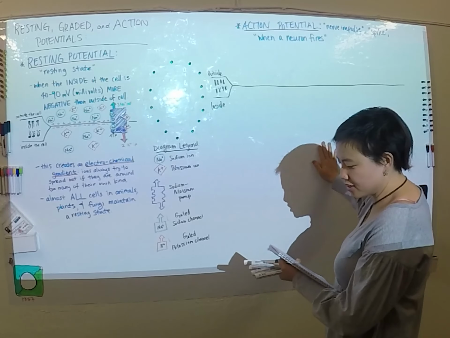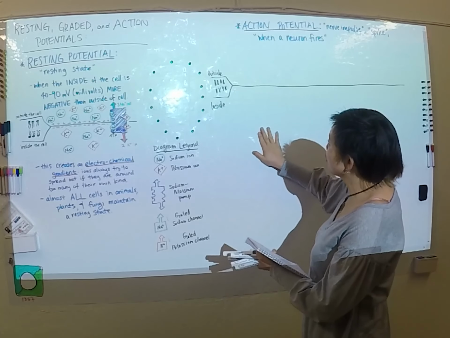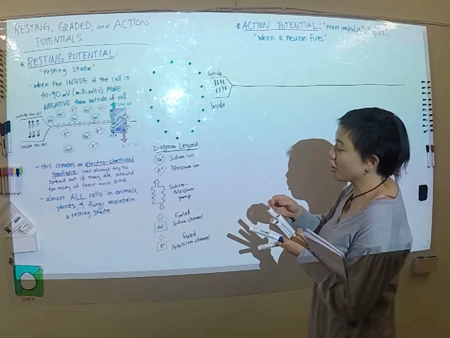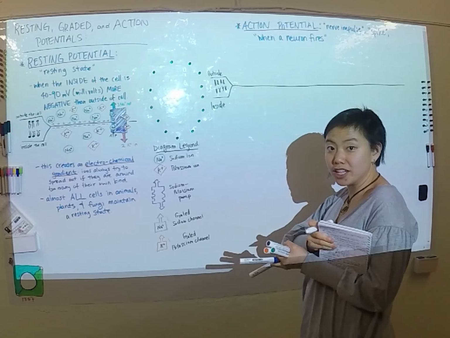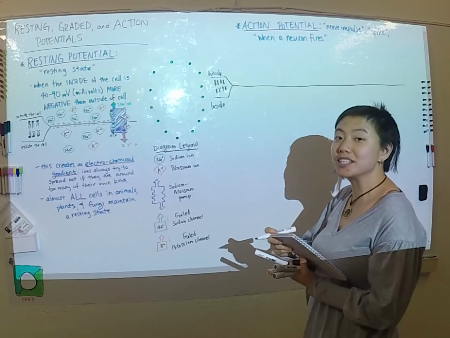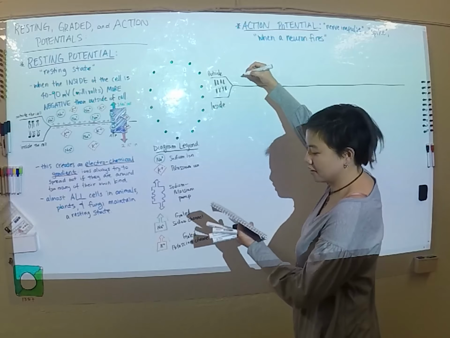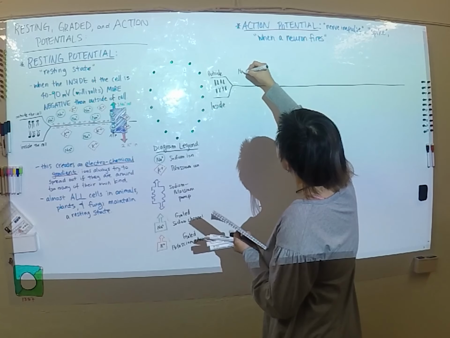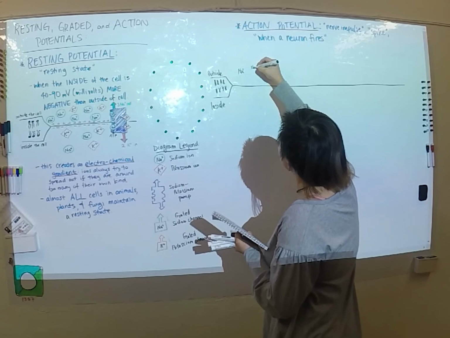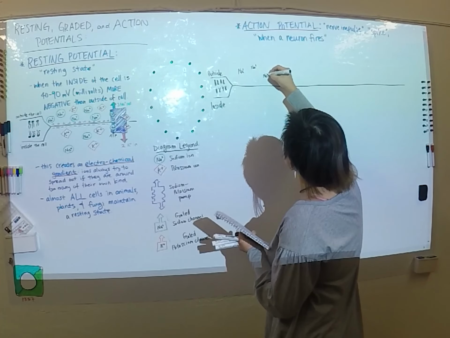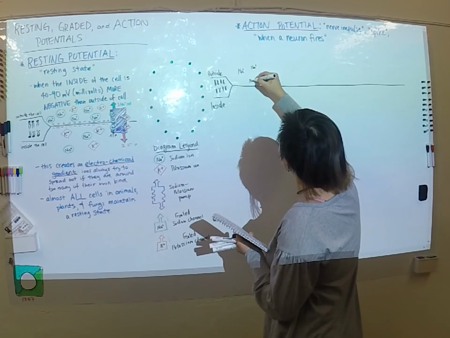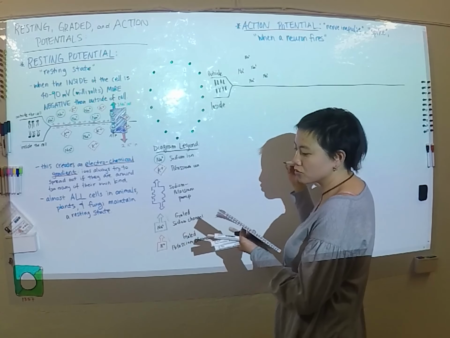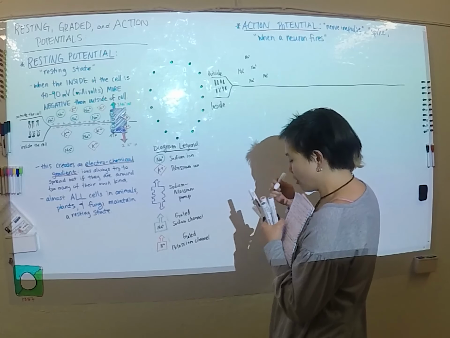So, let's start with when the neuron is at rest. We're going to start with a lot of sodium on the outside and potassium on the inside, okay? So lots of sodium on the outside.